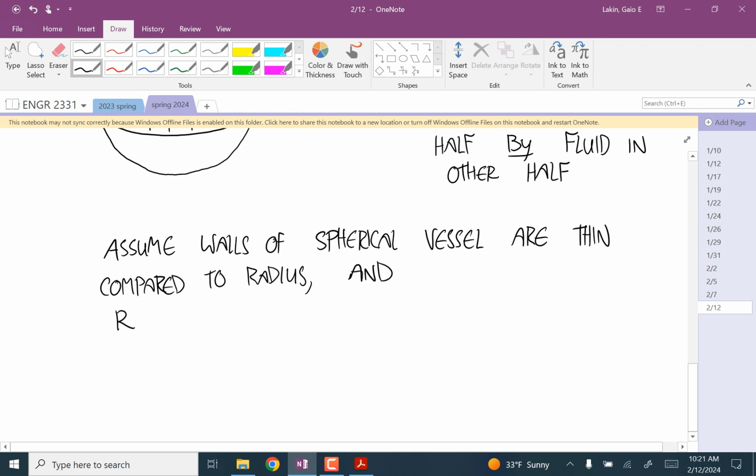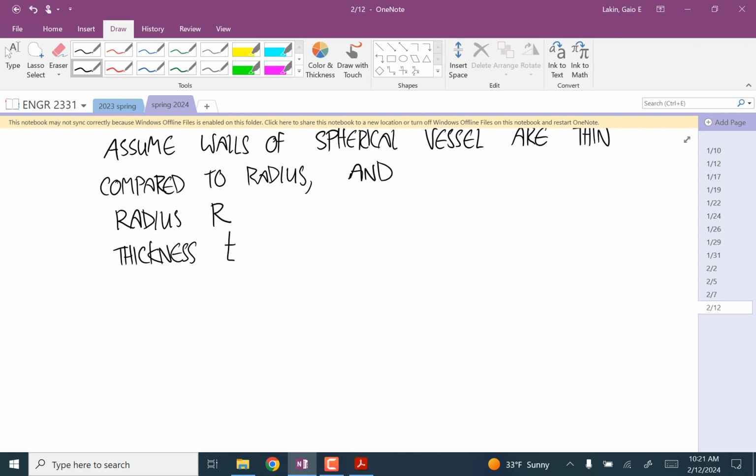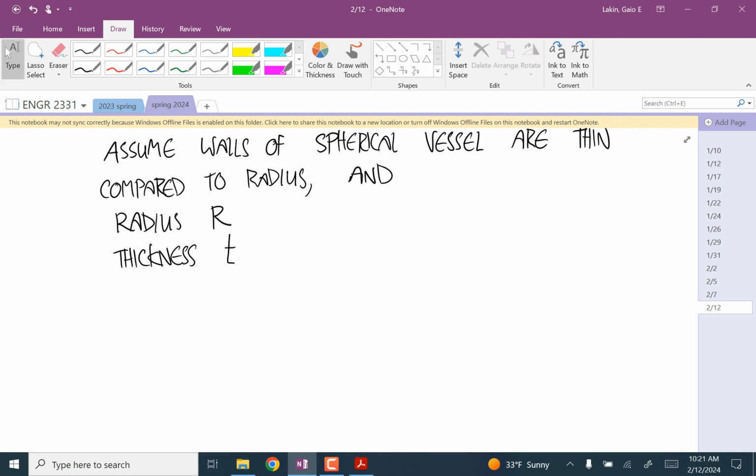And the radius is r. And the thickness of the walls is lowercase t. Okay. Well, then PA is equal to that net pressure times pi r squared.